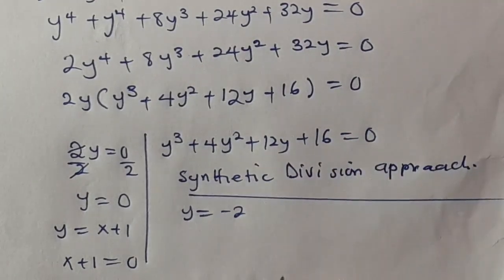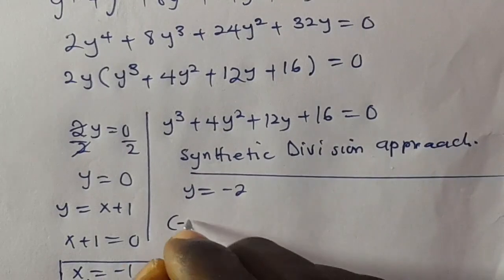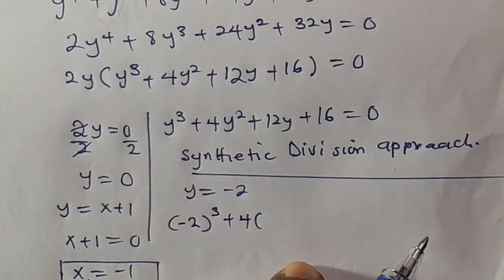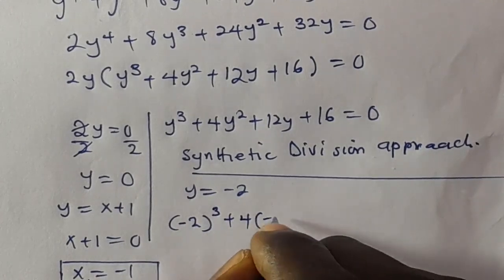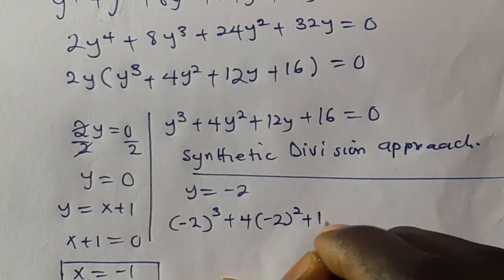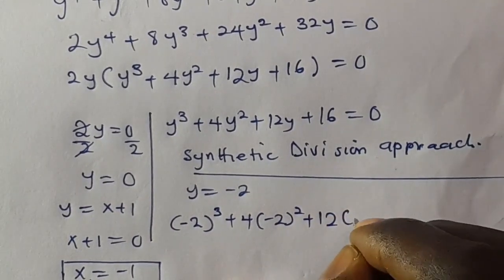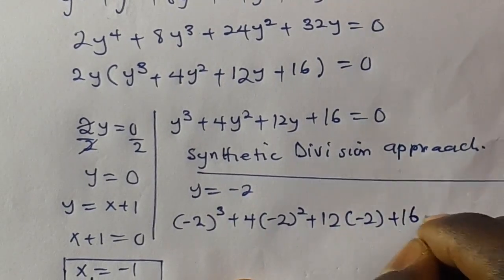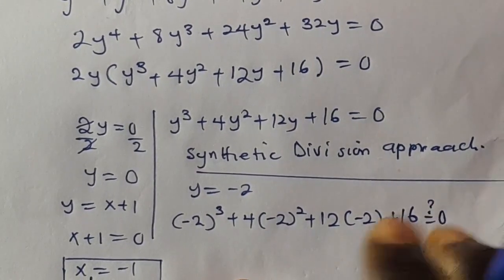Now let's test. Then from here we are going to have -2 raised to power 3 plus 4 into -2 raised to power 2 plus 12 into -2 plus 16. Then are they going to give us 0?